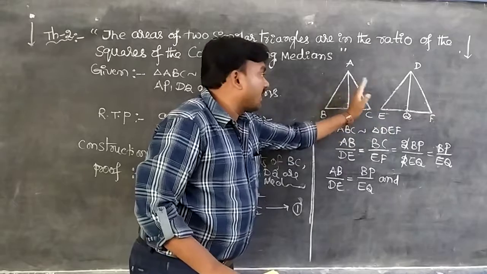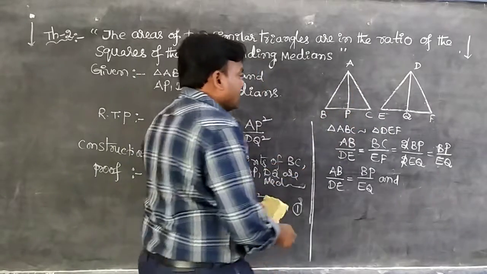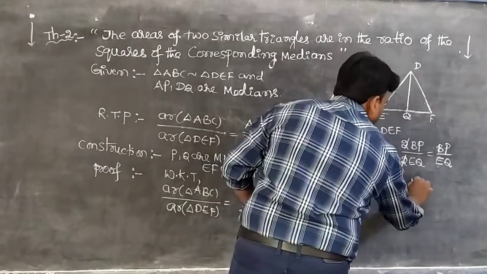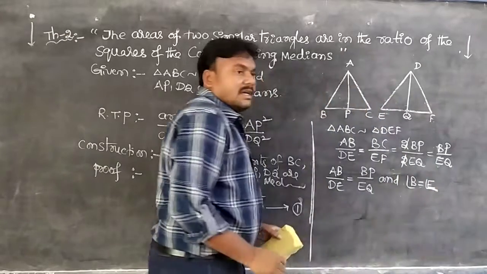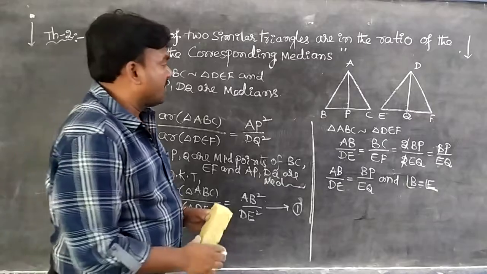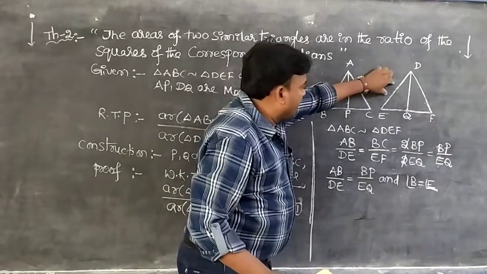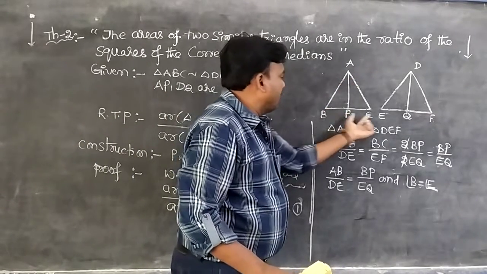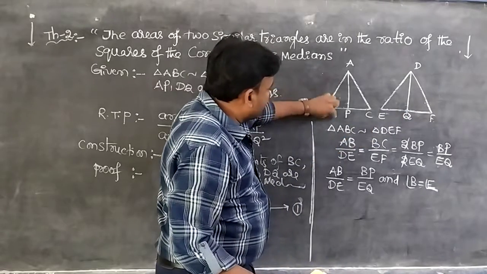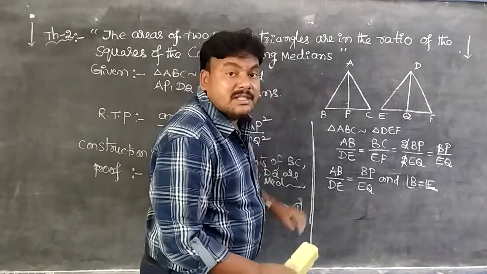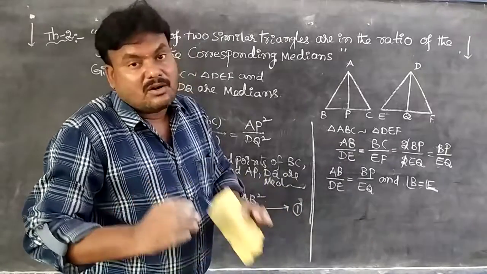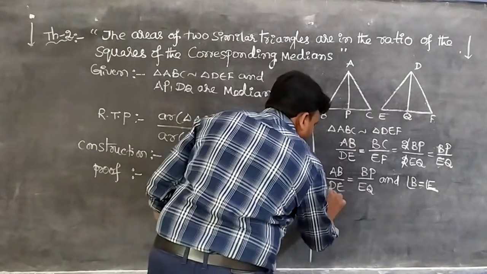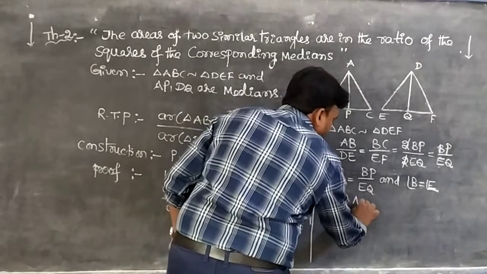Why? Because both triangles are similar to each other. Then that implies angle B equals angle E. Observe here which criterion can be applied. AB by DE and also BP by EQ, so here two sides and the included angle. That means which similarity can be applied? By SAS similarity.